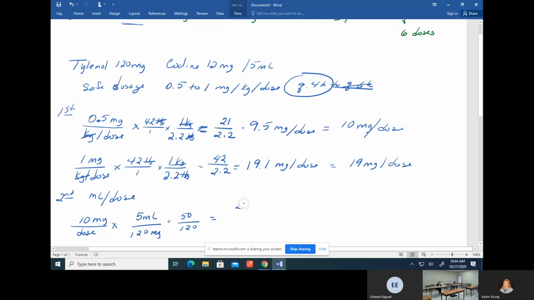And I get 0.42 milliliters. So that's just under a half a milliliter.